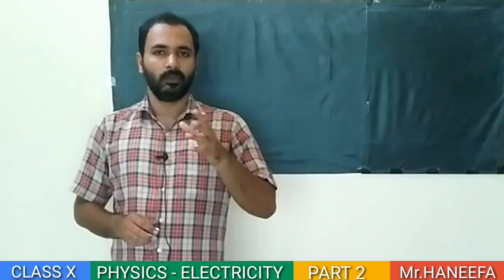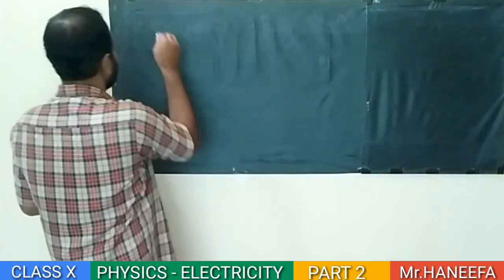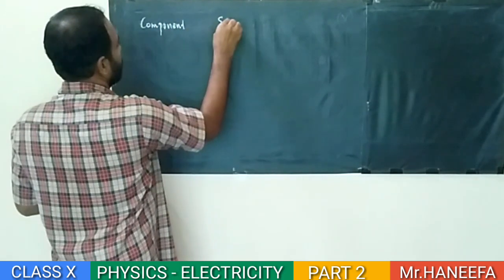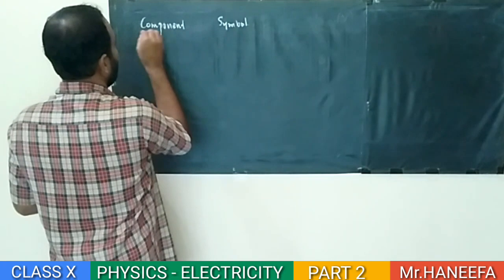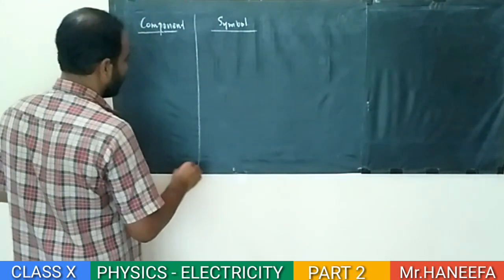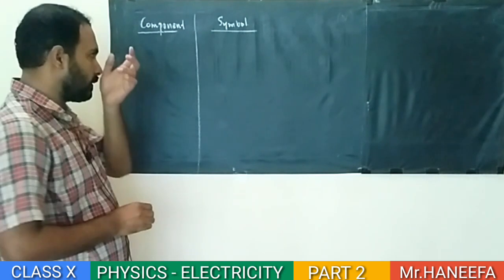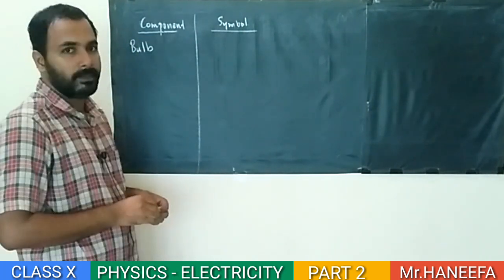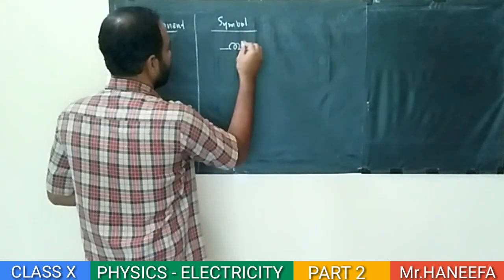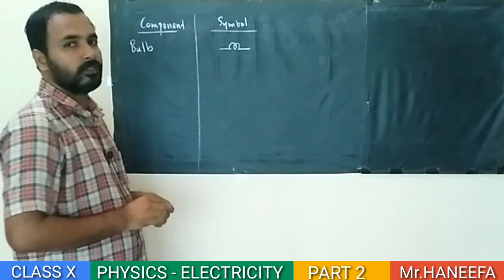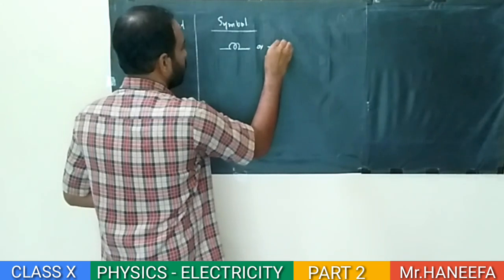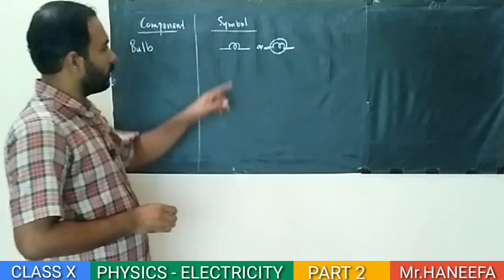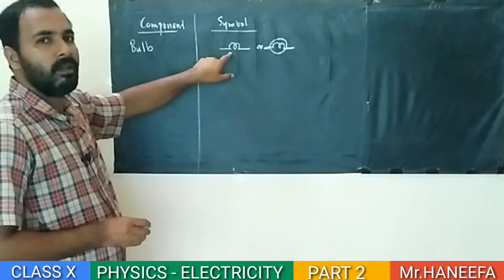Okay, so we can discuss some electric components and symbols. Component, symbol. First electric component is bulb. This is the symbol of an electric bulb.